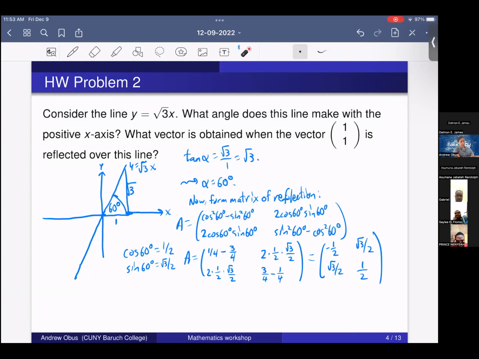And so now it asks what vector is obtained when 1, 1 is reflected over the line. So if we know the matrix and we know the vector, then what do we have to do to get the answer?